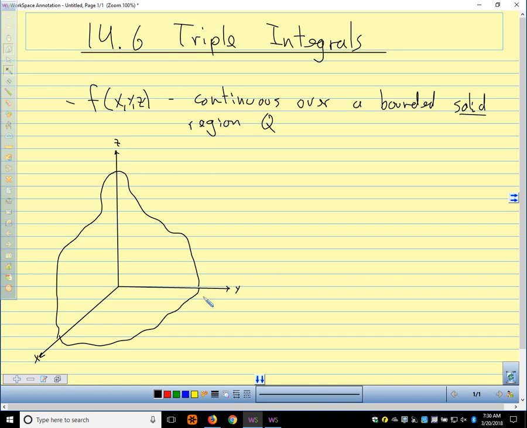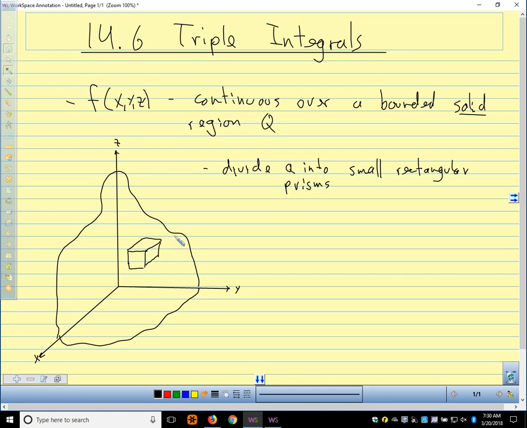We're visualizing this as a solid region, and what we want to do is divide Q into small rectangular prisms. So I'm going to have a little rectangular prism here, like so. There's our small rectangular prism.